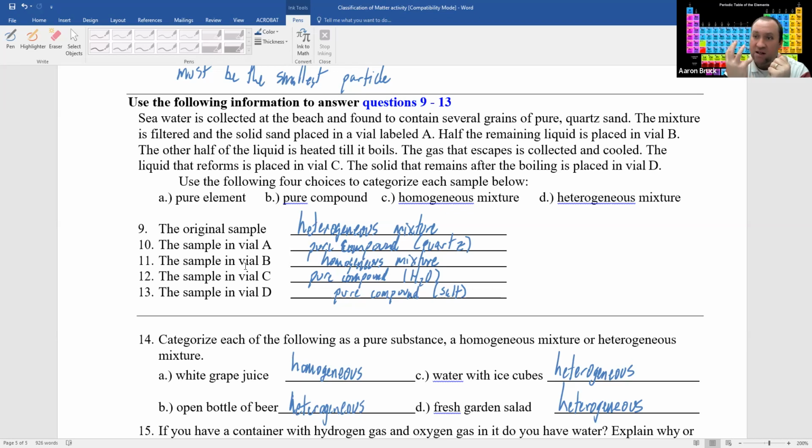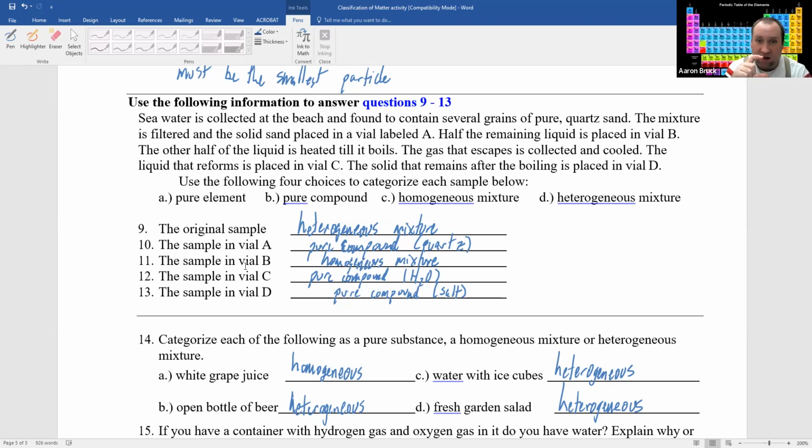Because if I couldn't see the sand, I would know that it would be homogeneous, because I'd be, okay, I just got a cup of water here. But I don't. I have solid and liquid in the same sample. So I know I've got multiple substances present. I can easily see that one is different from the other. That's heterogeneous.